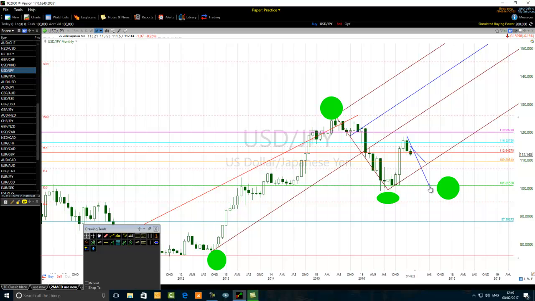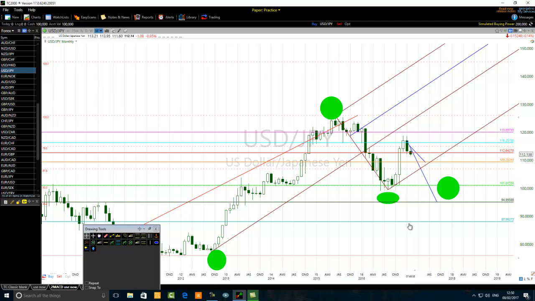Even if not, to push a little bit more down, or to have a long tail like this one here, you see, one particular candlestick bar with a long tail to retest this level here, 94.99. Okay, that would be reasonable for the dollar yen.